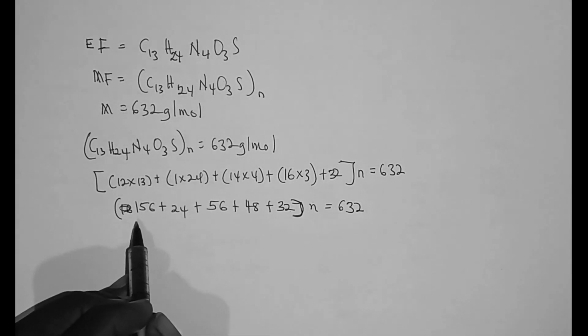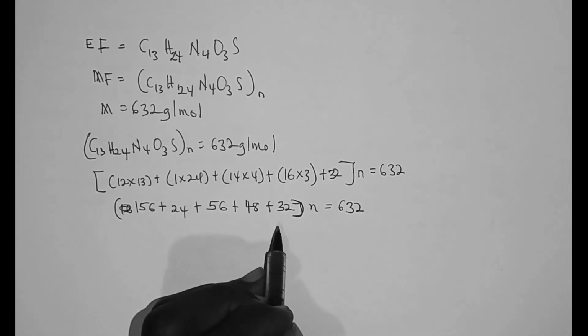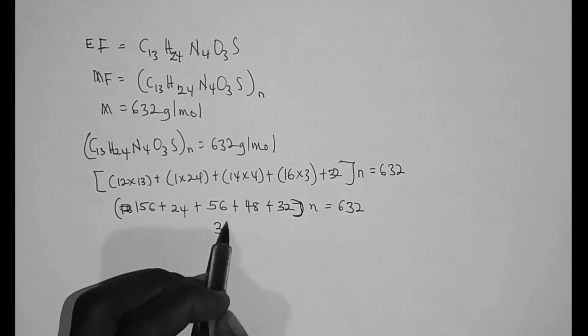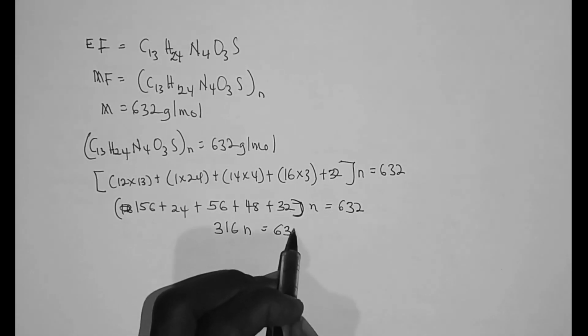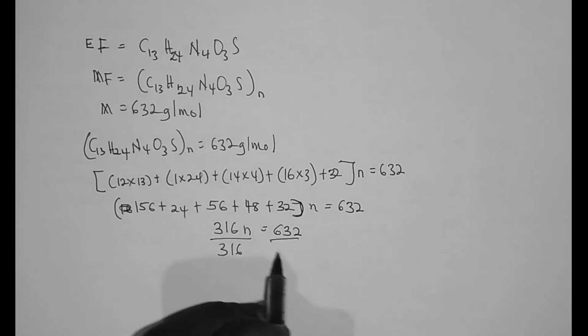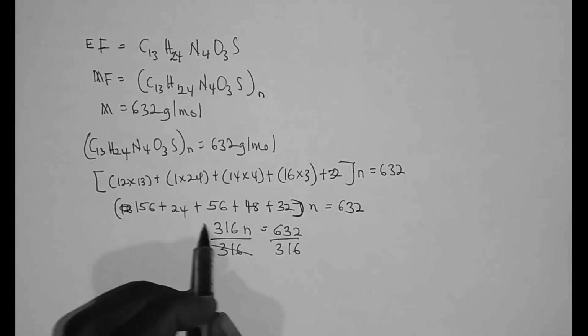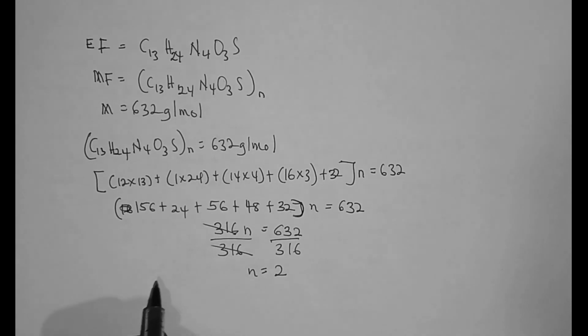So 156 plus 24 plus 56 plus 48 plus 32 is 316, so 316n is equal to 632. You divide through by 316. So 632 divided by 316 is 2. So n is 2.